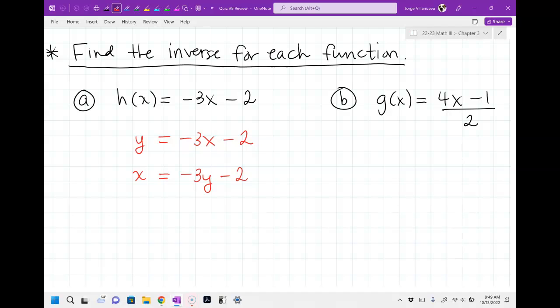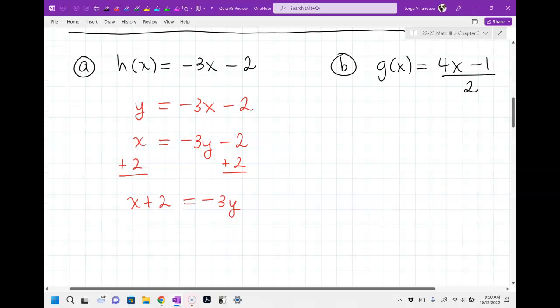Step 4 is the hardest of the steps. Not to say that it's difficult to do, but it's going to require the most work. You're going to solve for y. So let's add 2 on both sides. So I get x plus 2 equals negative 3y.